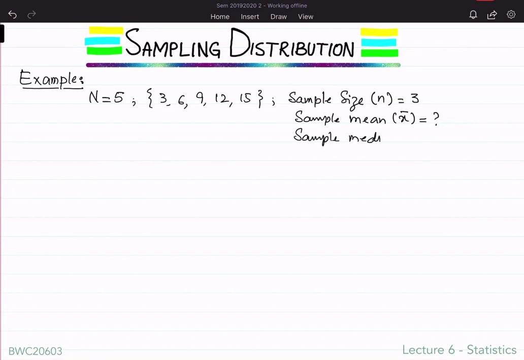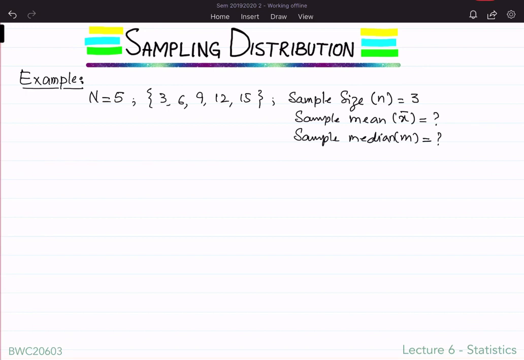which will be represented with x bar, and also the sample median, which is represented as m. But first we need to know the mean and median of the population, so that at the end we can compare our result.